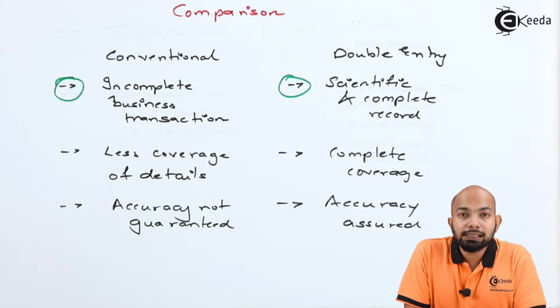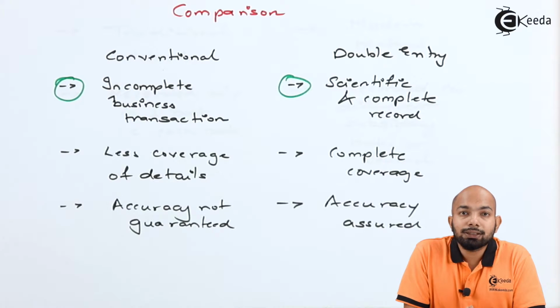That means all these transactions will be recorded in two or more subsidiary or journal books. Recording transactions is an important core aspect of accounting, and these transactions should be recorded in detail. This is not available in the conventional or traditional approach.